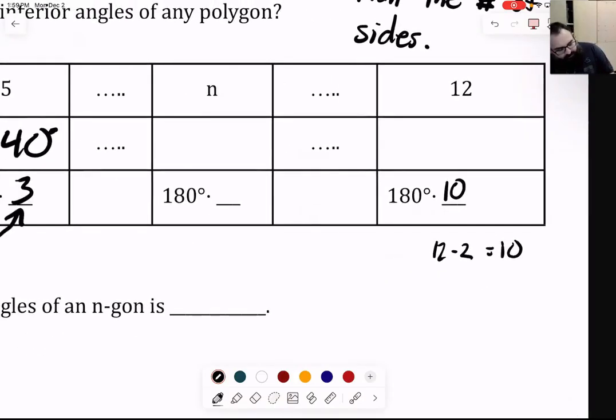So this is n minus 2. Yeah, I love that. I think that's great. N minus 2. Cool.